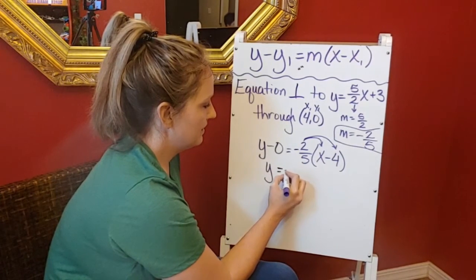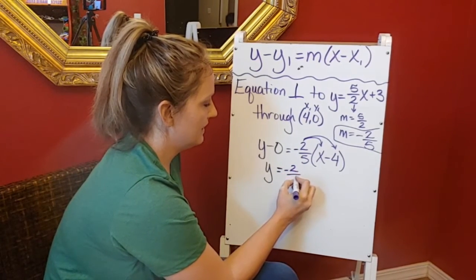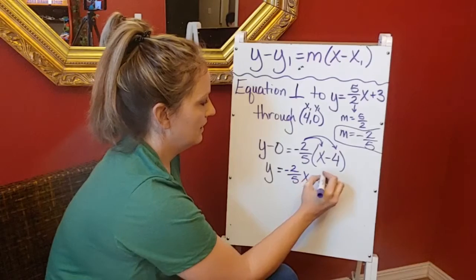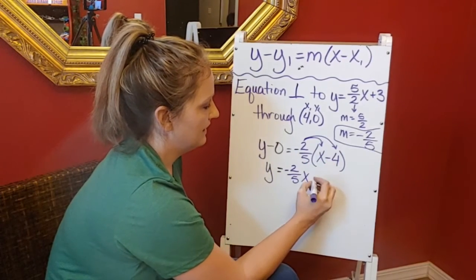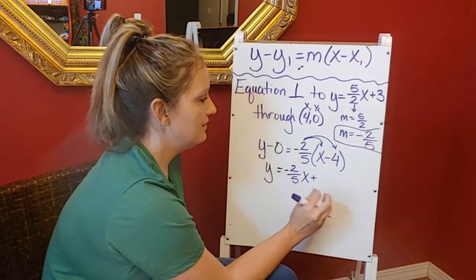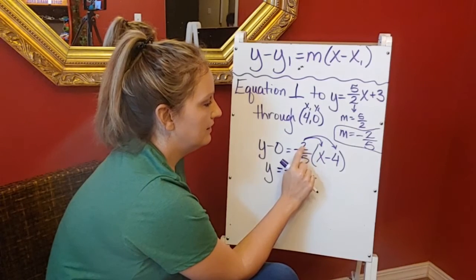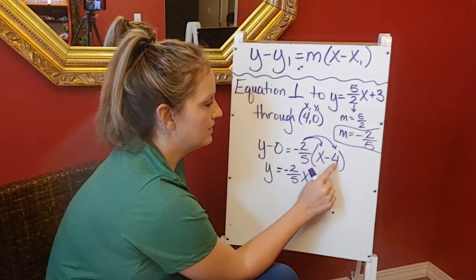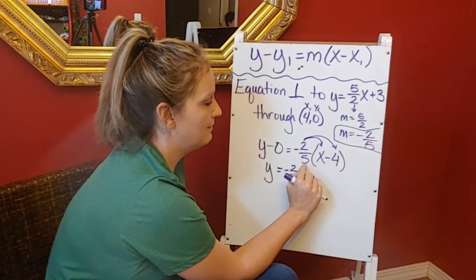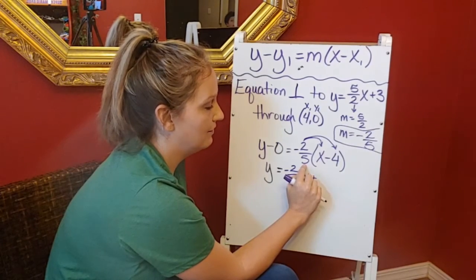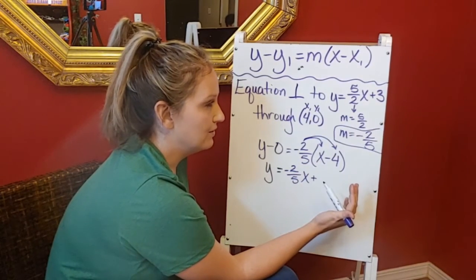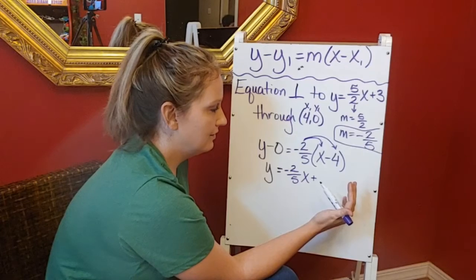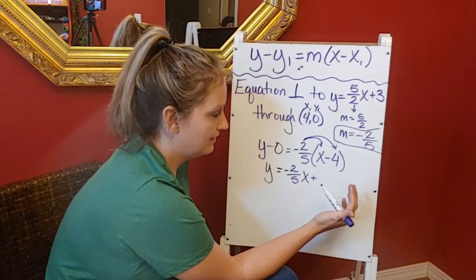y equals negative 2/5 x. And this is a negative times a negative, so my answer is going to be positive. I'm going to take the numerator times the whole number. 2 times 4 is 8, divided by the denominator, which is 5. So that doesn't reduce. 8 over 5, or 8 divided by 5, does not reduce.